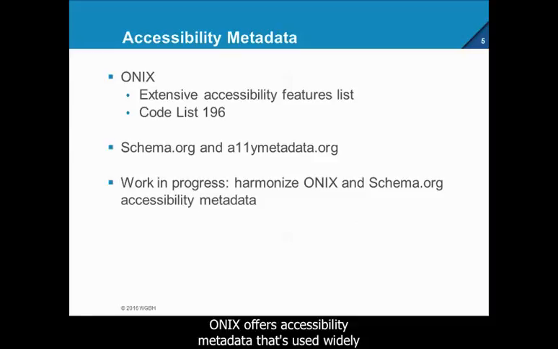ONIX offers accessibility metadata that's used widely in the publishing industry. And they've got something called Code List 196, if you're trying to look for it. And it lists a lot of accessibility features. And they have numeric codes that you can put on your books for each one. Today we're going to be diving deeper into schema.org metadata, which is a metadata collaboration that is intended for use on the web and often by search engines.